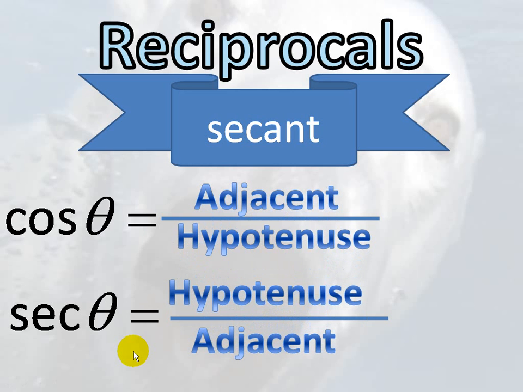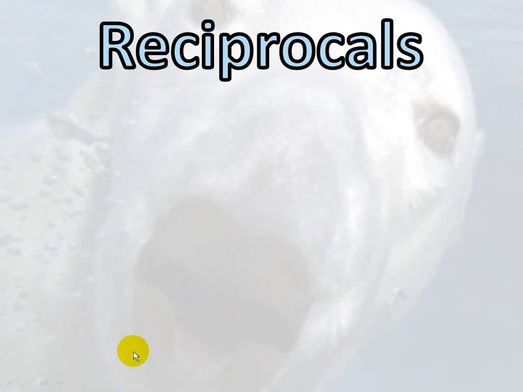The sine and cosecant go together, and the cosine and secant go together. You would think that cosine and cosecant would go together. So you can remember it as not being what you would think. Sine goes with cosecant, and cosine goes with secant. Okay? So cosecant is the reciprocal of sine, and secant is the reciprocal of cosine.